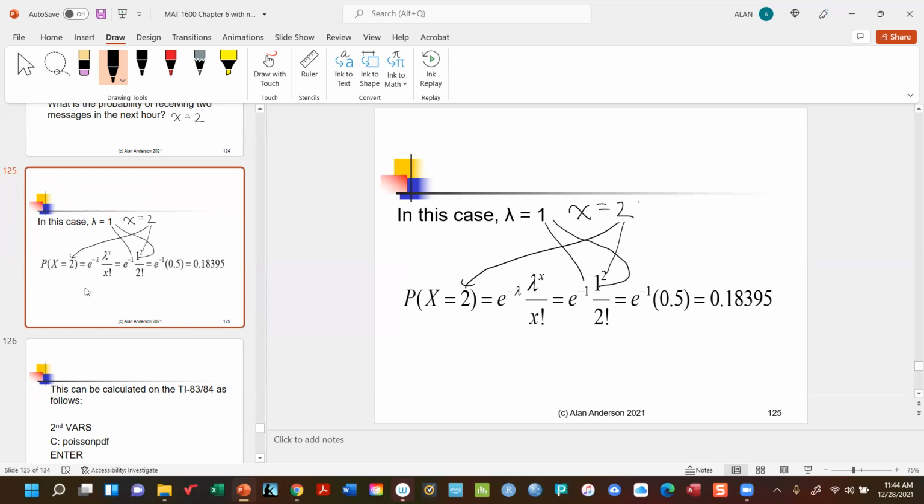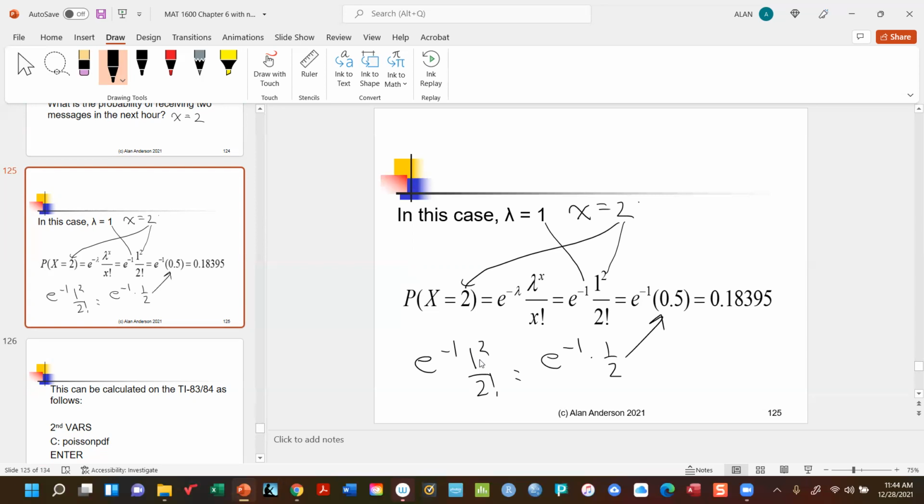And well, it's getting a little messy here, but you can see we're just plugging everything in. So now, of course, let me bring this down here for a second. One squared is just 1. 2 factorial is just 2.